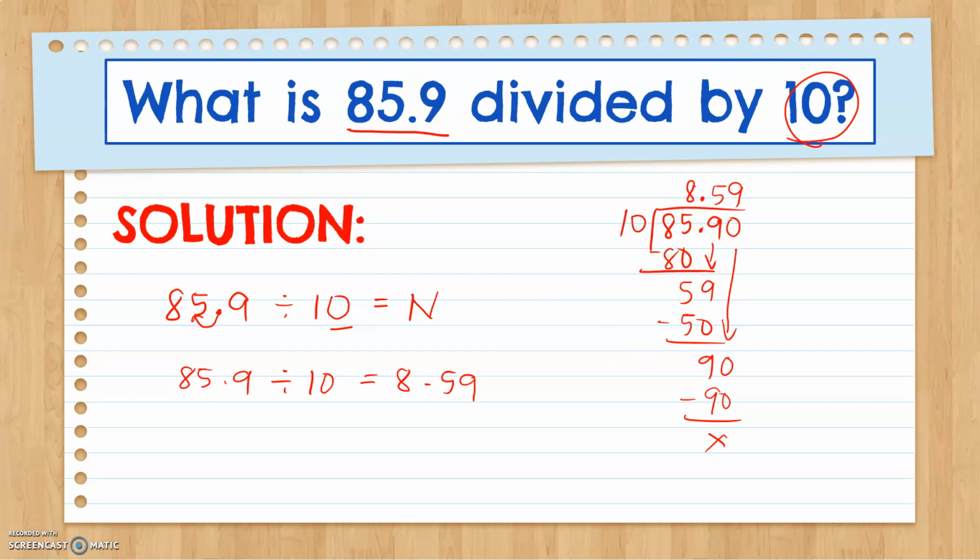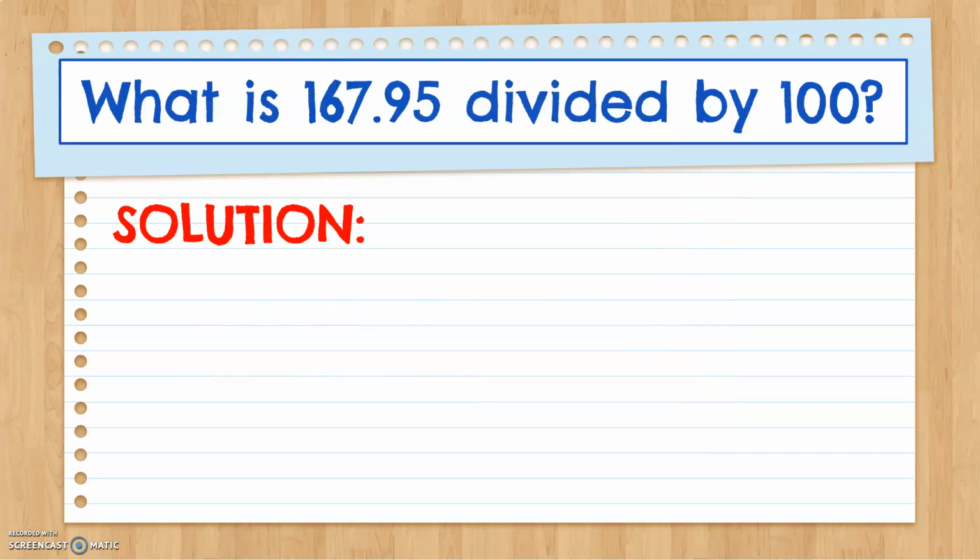Now let's have the next example. What is 167.95 divided by 100? Let's solve here. Again, we have 167.95 divided by 100. Following the steps which I presented to you earlier, we'll just simply have to count the number of zeros in 100.